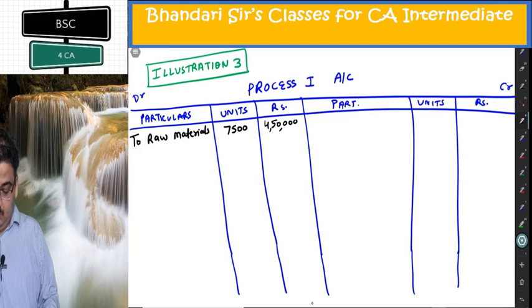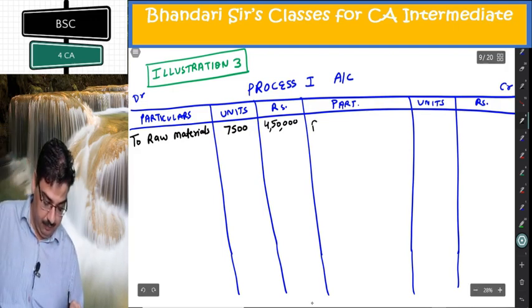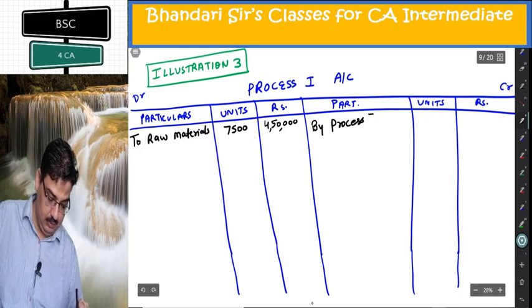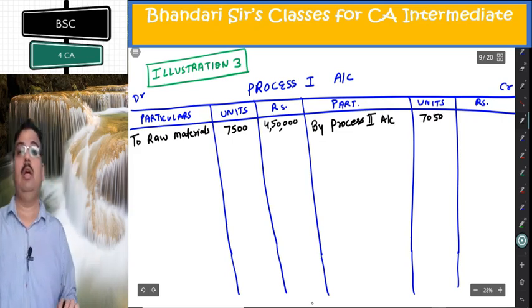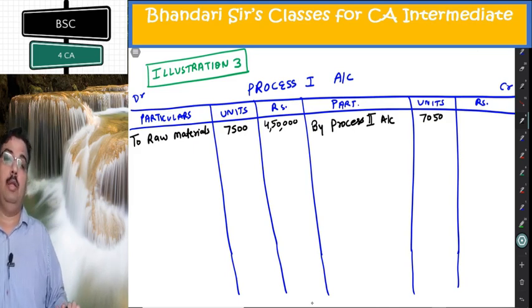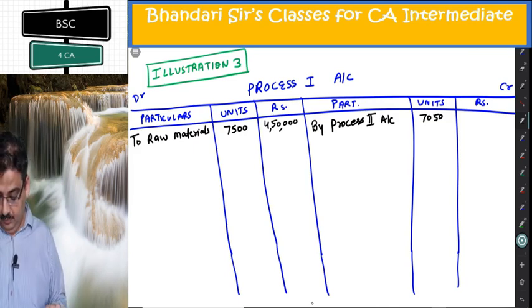Then transfer to the next process. I can put it in the beginning itself, by process 2 account 7050 units. The valued cost will come later on, after the working note I'll be putting the valued cost.